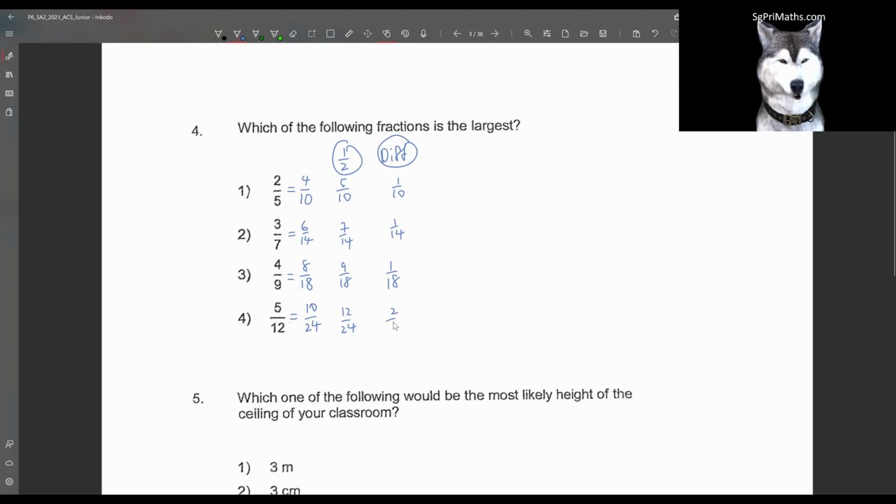This is 2 over 24, which is equals to 1 over 12. So the smallest is this, 1 over 18, which means the difference between this and half is the smallest, so therefore this is the biggest. So answer is 3.